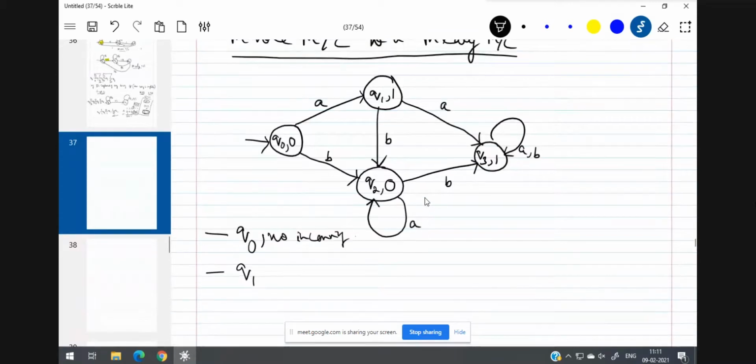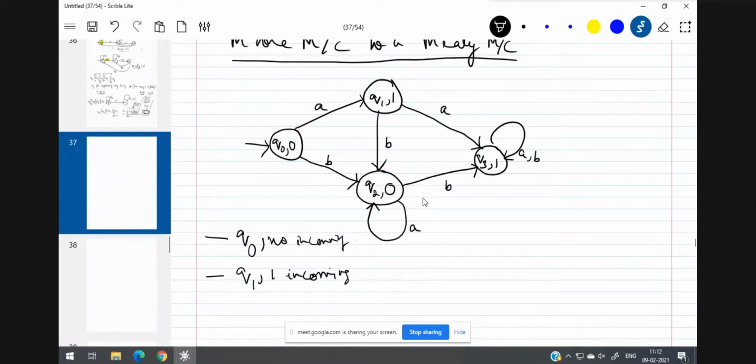Next, let me go for Q1. In the case of Q1, is there any incoming arc? Yes, one incoming. Now I'm going to start modifying this Q1. Let me remove the output associated with it.